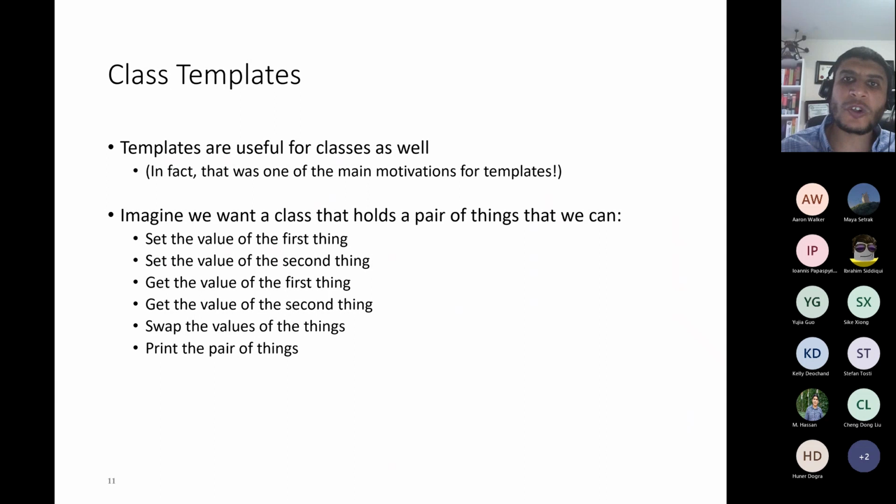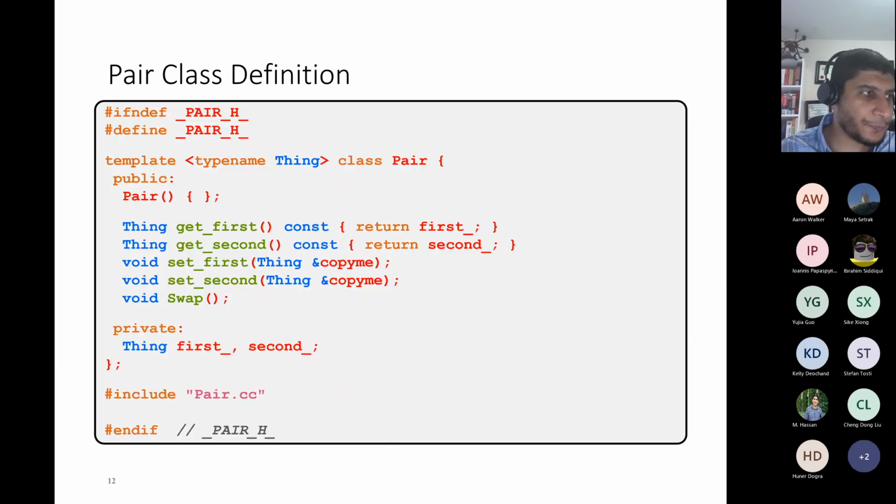And for this pair of things, you want to have generic functionality: setters and getters to set the value of the first thing, the value of the second thing, get the value of the first thing, get the value of the second thing, maybe swap the two values of the things or print them, right? Do generic stuff on these things, whether these things are integers, doubles, floats. My generic code should be independent of this.